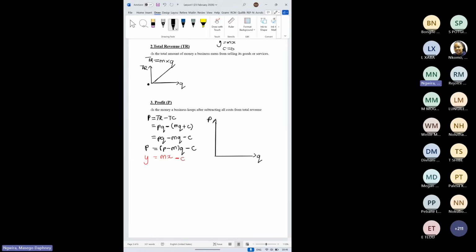And then now if you can check, my graph is going to touch my profit on the negative side. This means that my graph is supposed to be something like this, because this is a negative. On the total cost, this was a plus C, but then now on the profit, it's going to be a negative.